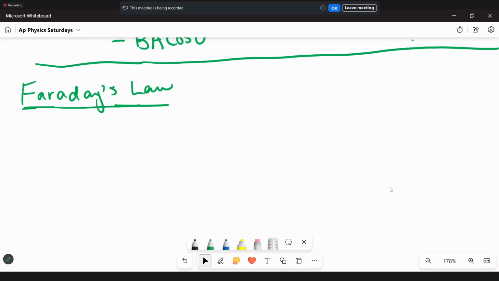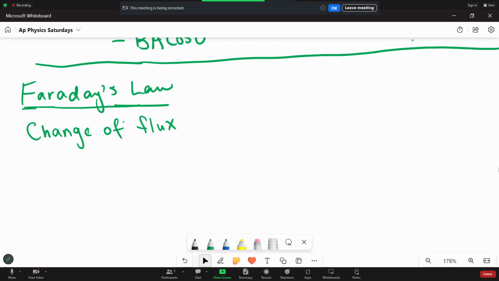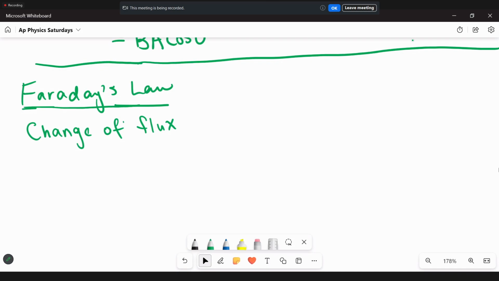Potential difference. So we said that rate of change of flux. Whenever there is change of flux, the rate of change of flux means in how much time it is changing.